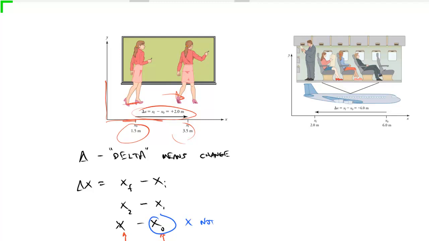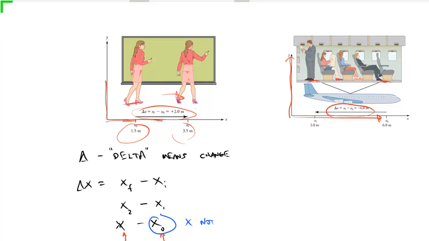Using the same coordinate system over here in this figure on the right with the guy on the plane, we again have a traditional coordinate system. And he started out in this chair over here, and then he walked to the back of the plane. And so his change in the x position was a negative 4 meters.